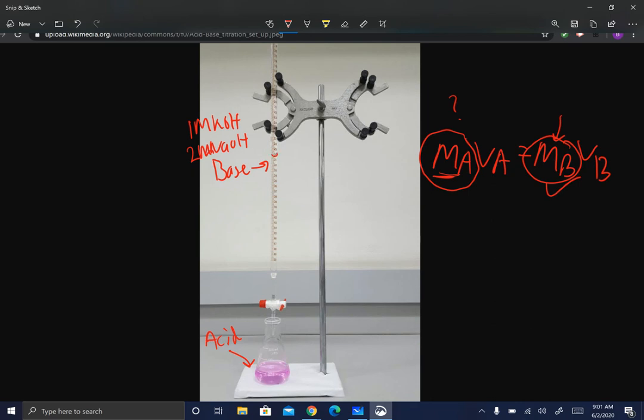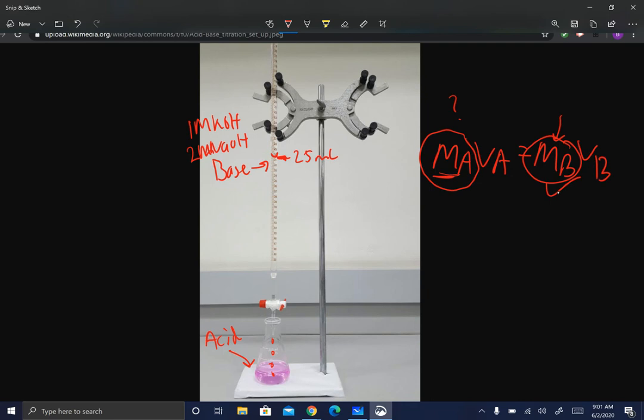If your meniscus is here, and then you add base to the acid down here, phenolphthalein turns light pink. That's the end point. That's when you stop. That's when you close this valve and it no longer adds base. The titration is done. So if you start here, let's say the initial volume says 25 milliliters.